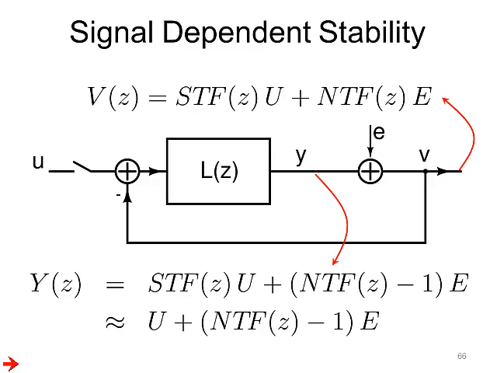Now, one of the fundamental attributes of a delta sigma converter is what is called signal dependent stability, and the intuition behind that is the following.